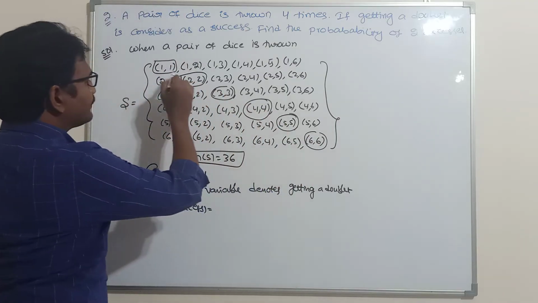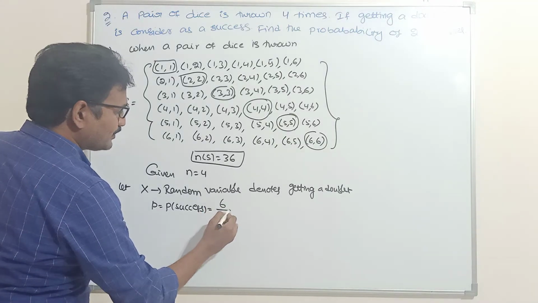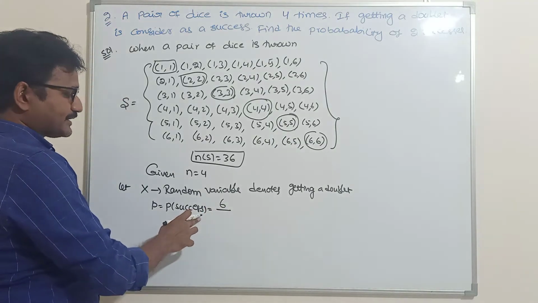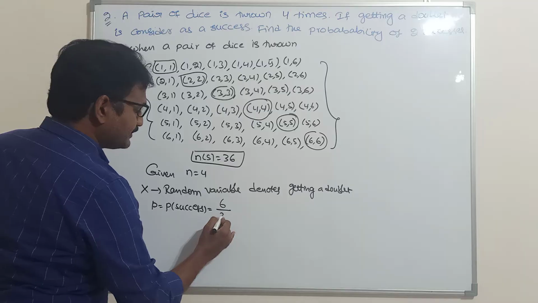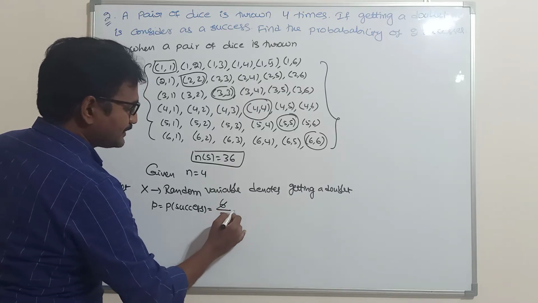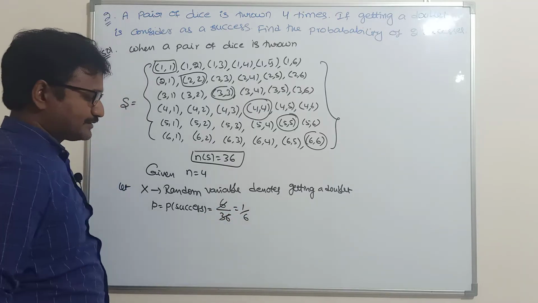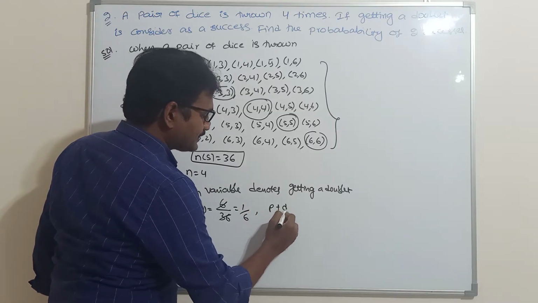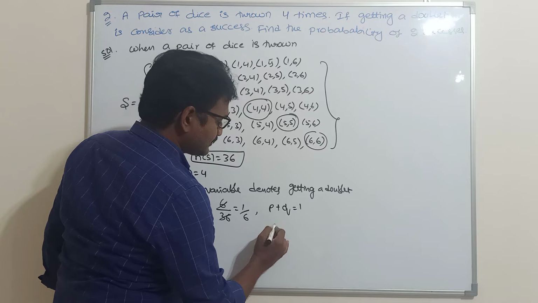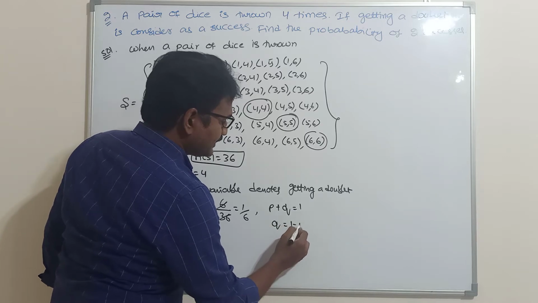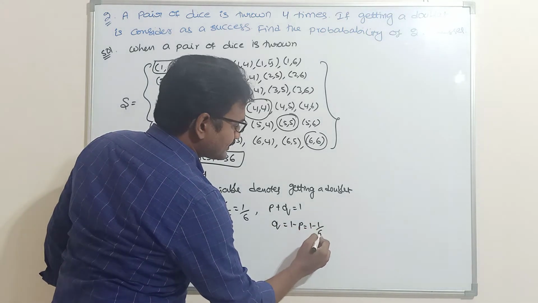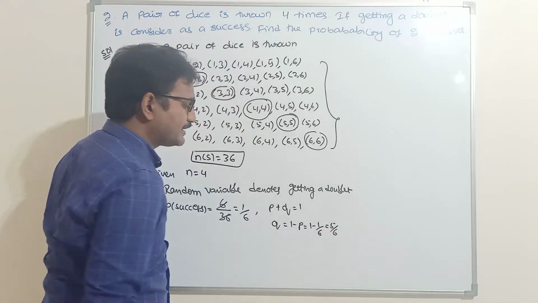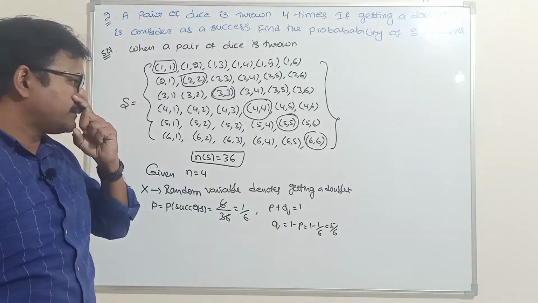So total 6 sample points are there. Probability of success is 6 out of 36, so 6 by 36 means 1 by 6. So p value is 1 by 6. We know that p plus q is equal to 1, so q is equal to 1 minus p, 1 minus 1 by 6. So the q value we got is 5 by 6.